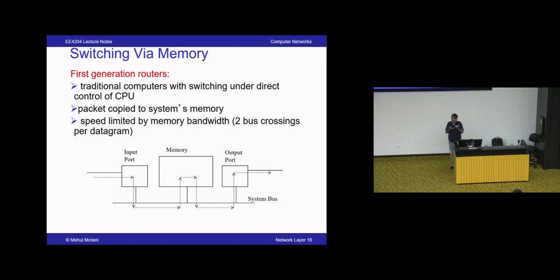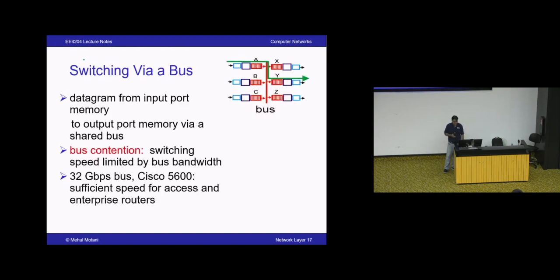This works well. It's conceptually easy, but if you ever work with computers, you know that reading and writing memory is very slow. So the first generation of routers had this. Switching via bus is essentially a shared wire that both the input and output port can stimulate and sense.